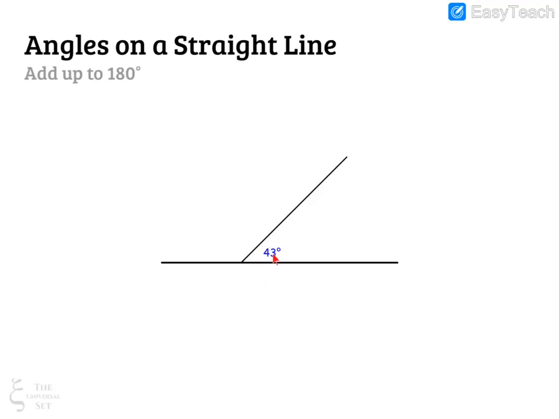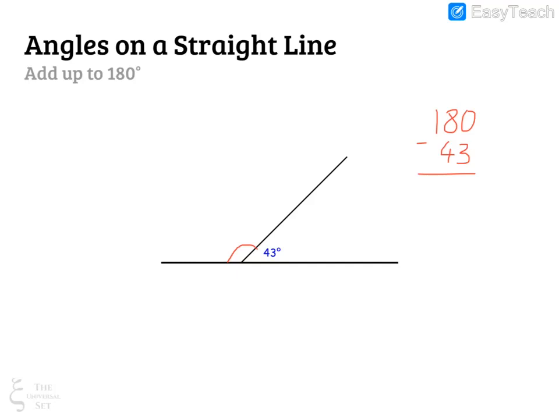If I've got 43 degrees here so far, that means I can work out what this part is, right? Because if I know the whole lot has to be 180 degrees to get from here all the way around, if I do 43 in this part, the rest has to get me up to 180. So let's do 180, take away that 43 that we've got so far, and that will tell me what my missing angle is.